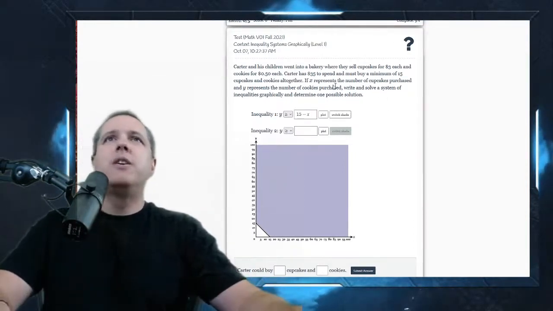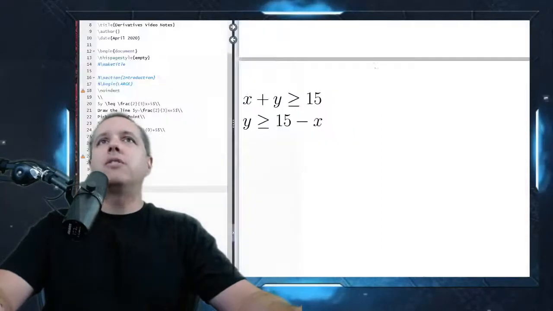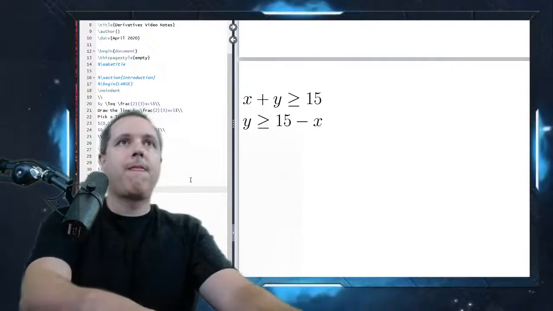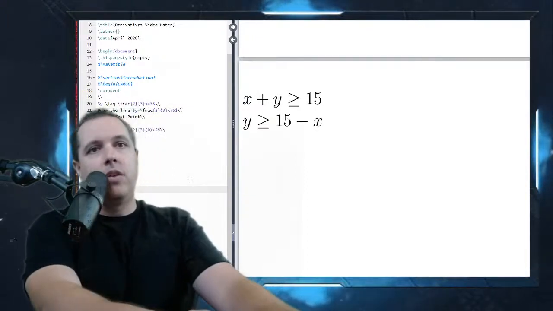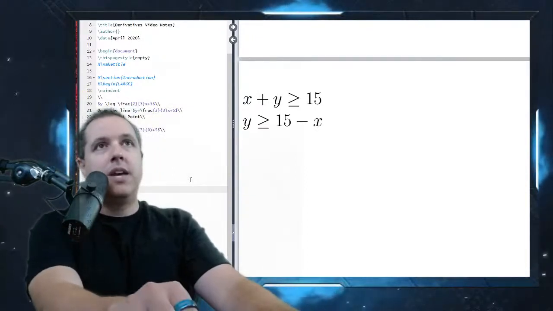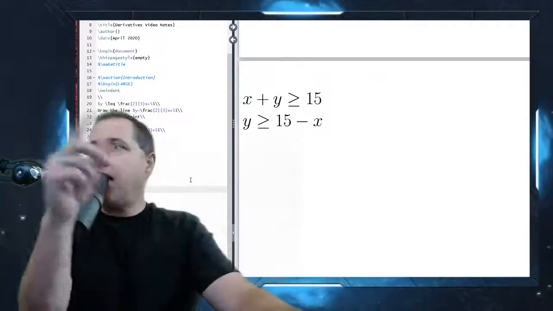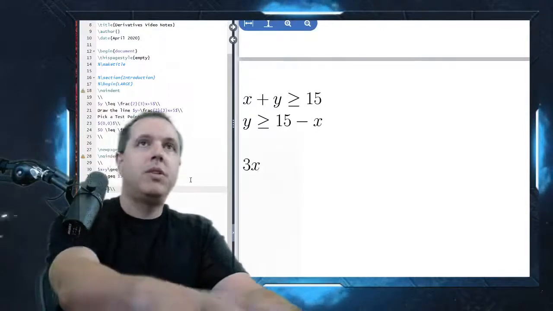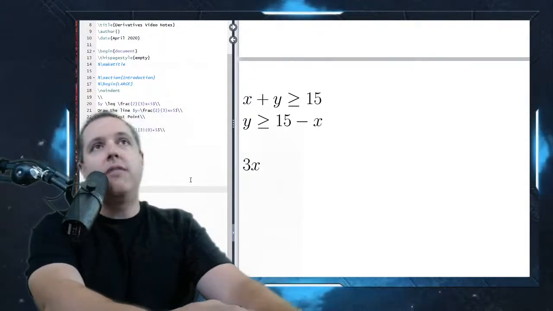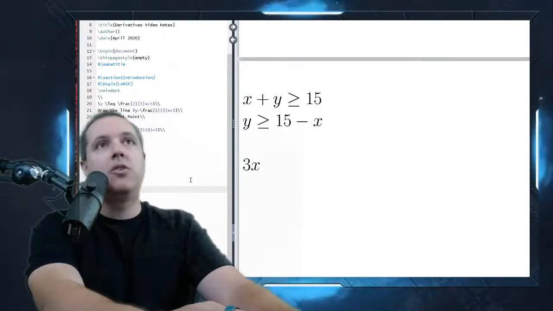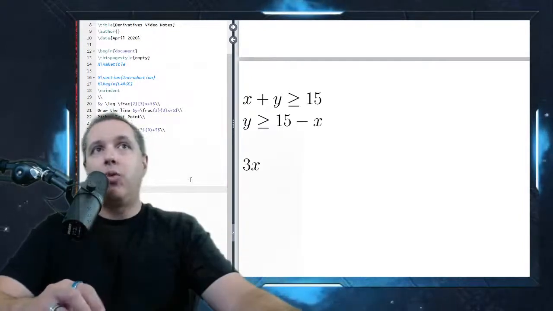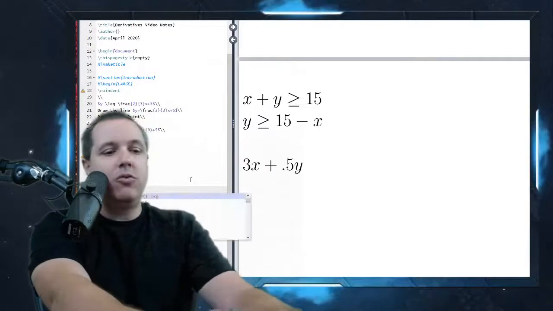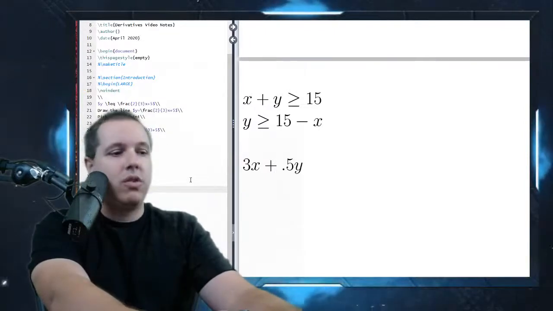And X is the number of cupcakes, and those sell for $3. So 3X is the amount of money it's going to cost to buy the cupcakes, plus 0.5Y, that's the cost of cookies, and Y is cookies. So 0.5Y is the money it costs to buy the cookies. That has to be less than or equal to $35.